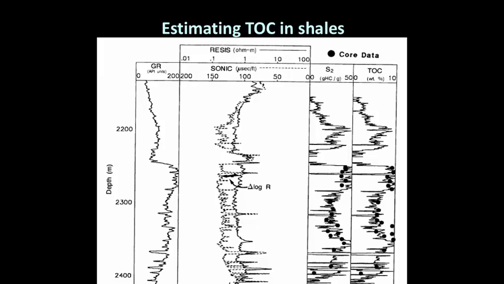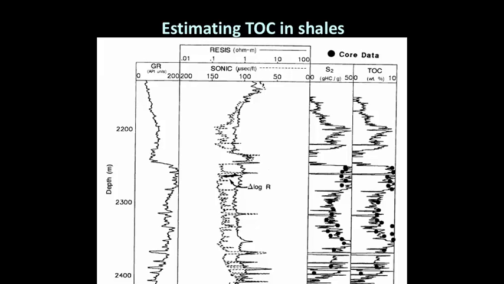And as you see here, you have the sonic and the resistivity curves, and the crossover is seen in this zone where we have the TOC content. And what they have also shown is the TOC calculated based on the empirical relationship that he published, shown correlated with the core information that they have.